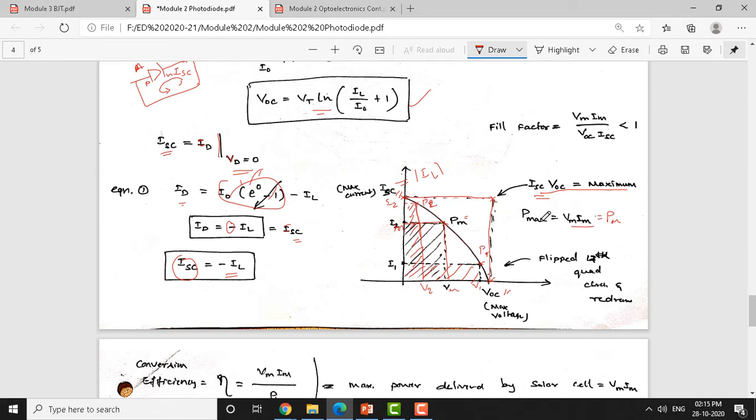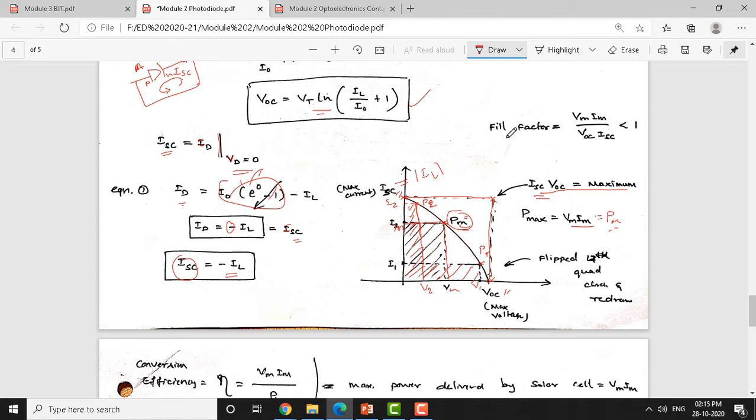Therefore, if you choose Pm as the operating point here, you can extract maximum energy from the solar cell. So, Pm is nothing but a point on the curve where you have the maximum area under this curve. This gives us extraction of maximum energy from the solar cell.